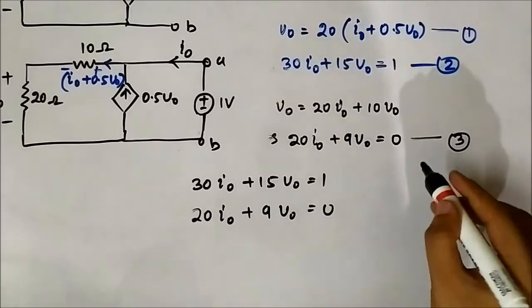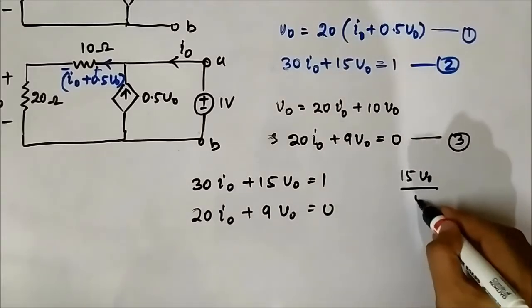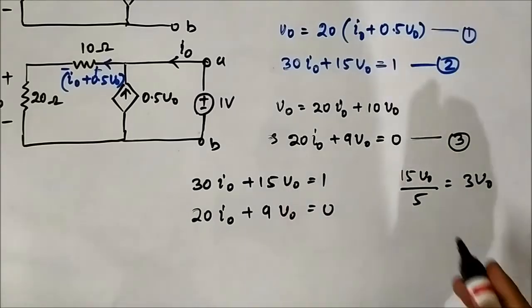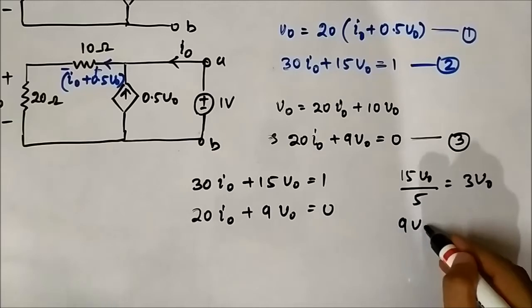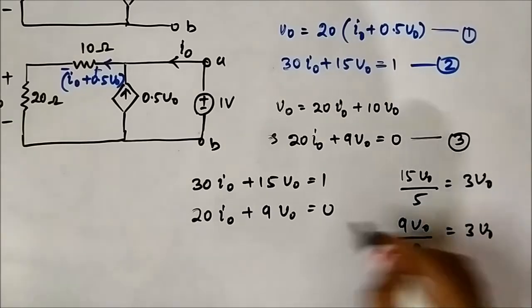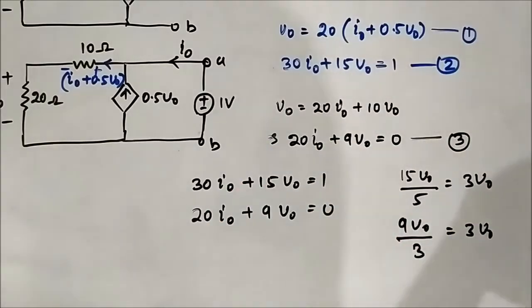Why I am saying this: because when we divide by 5 we get 3 V0, and when we divide 9 V0 by 3 we also get 3 V0. So when we subtract, the V0 part gets cancelled out.